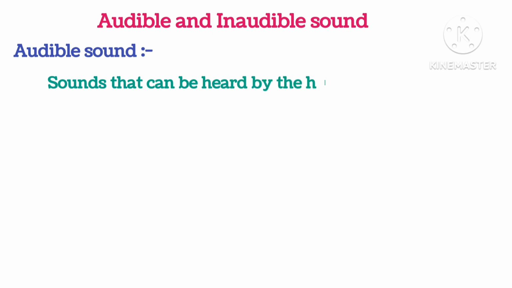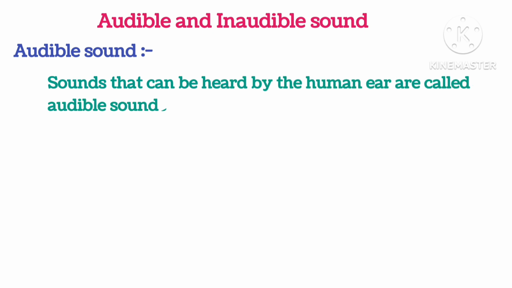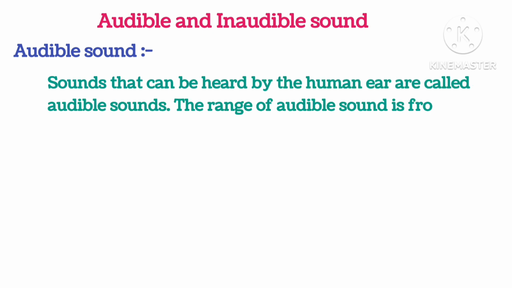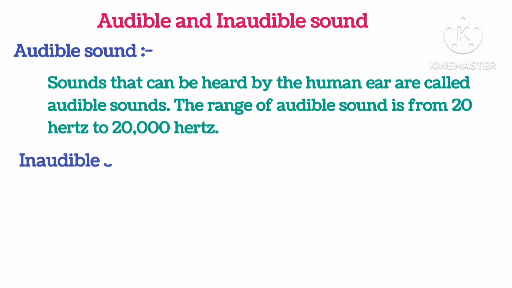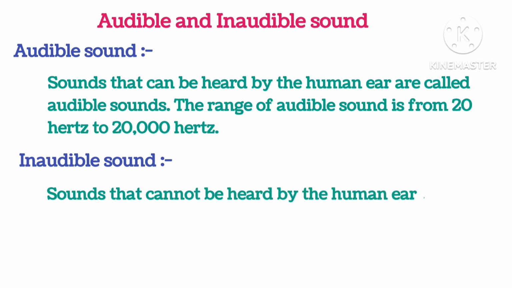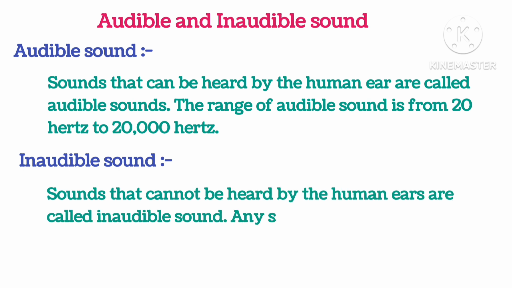Audible and inaudible sound. Audible sound is the sound that can be heard by the human ear. The range of the audible sound is from 20 Hz to 20,000 Hz. Inaudible sound is the sound that cannot be heard by human ears.